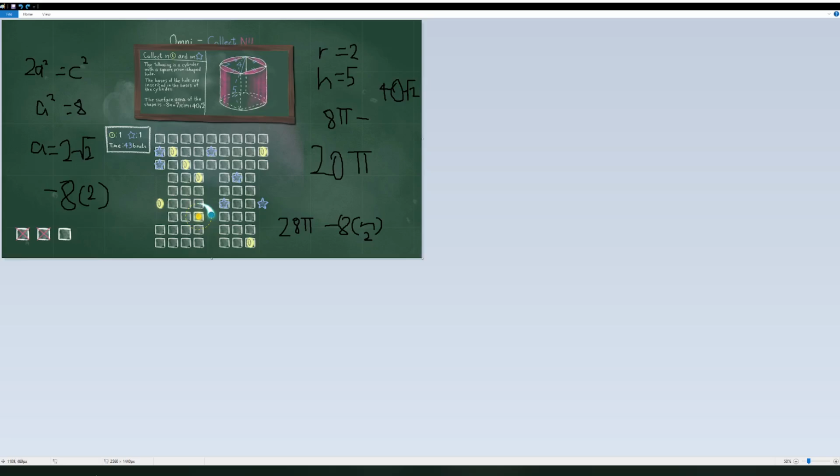Oh wait, no, I'm stupid. It's 28 pi that is the total now. So we have 4m, and then it's 2 and 4. Hey, let's see if this is actually correct in any regard.